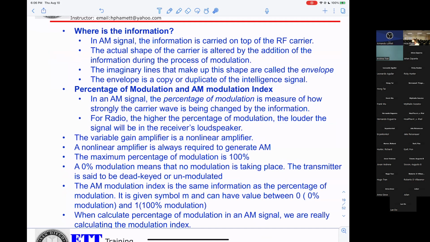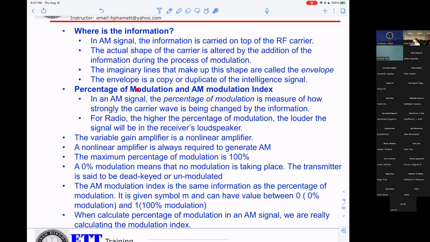The actual shape of the carrier is altered by the addition of the information during the process of modulation. The imaginary lines that make up this shape are called the envelope. The envelope is a copy or duplicate of the intelligent signal.